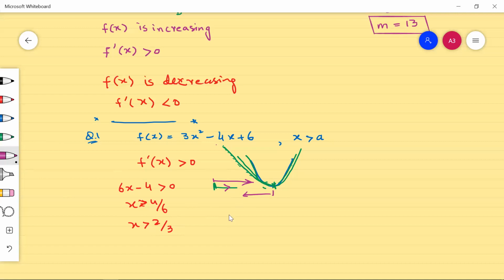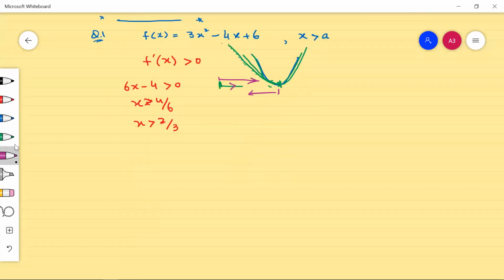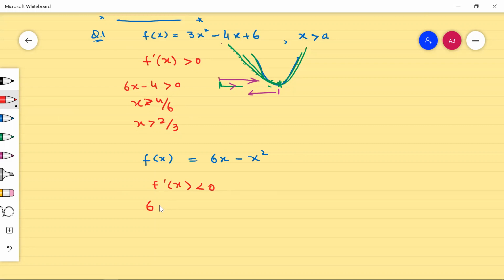Let's take some more examples, like f of x is equal to 6x minus x square. Find the values of x where the function is decreasing. Simply again, where the function is decreasing means f dash of x is less than 0. So the derivative would be 6 minus 2x less than 0, and then minus 2x less than minus 6.